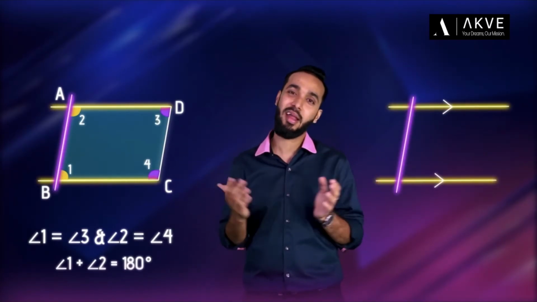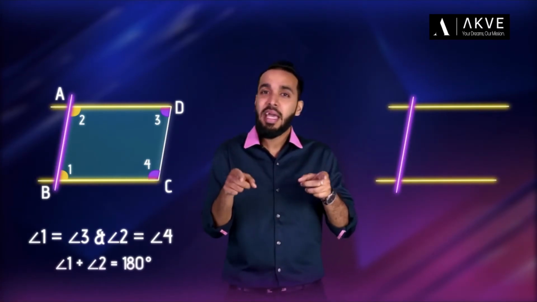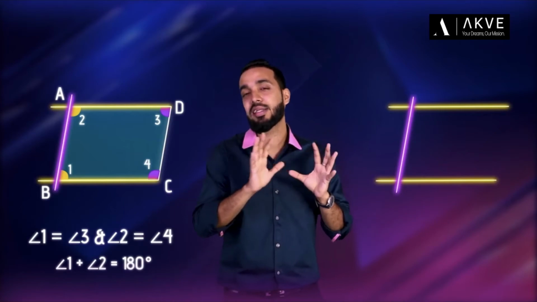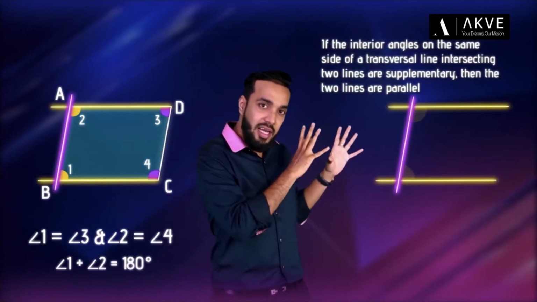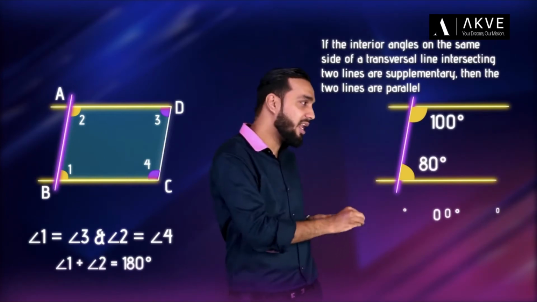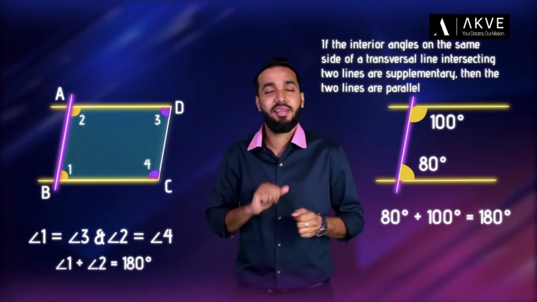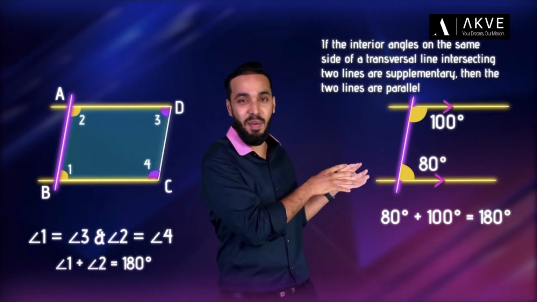Looks pretty similar, right? Now, I do not know if you remember, but we have studied a theorem in our previous classes which taught us that if the interior angles on the same side of a transversal line intersecting two lines are supplementary, then the two lines are parallel.